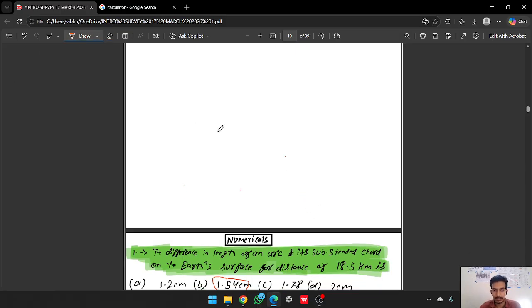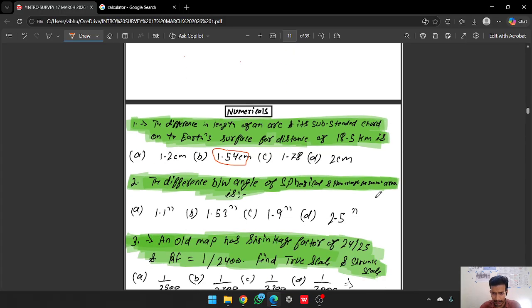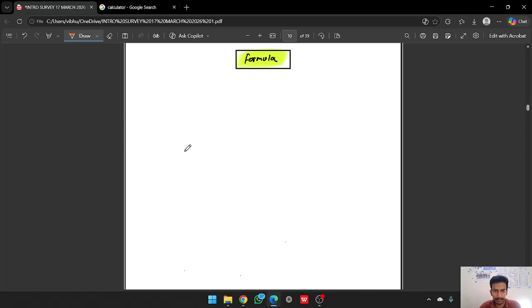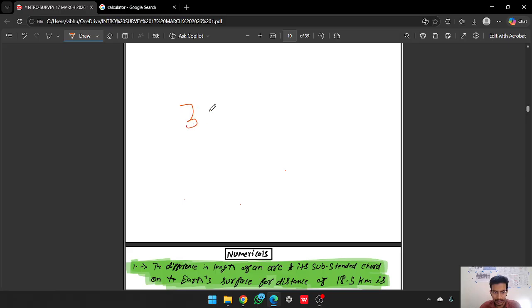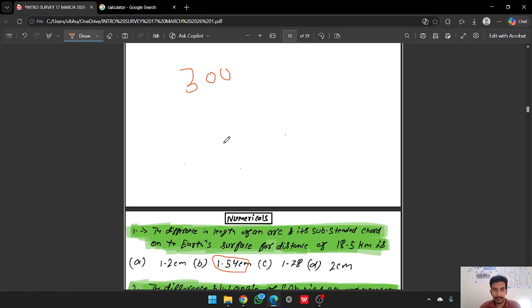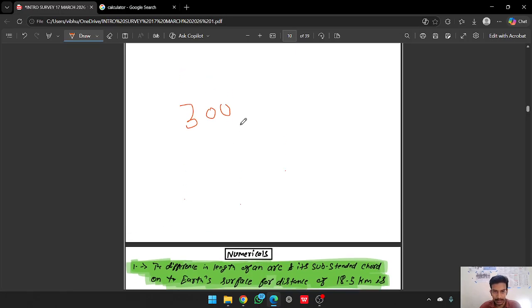We have to calculate only for 300 square kilometer. Here is area. So we know that 195.5, or we know that 250 as usual.